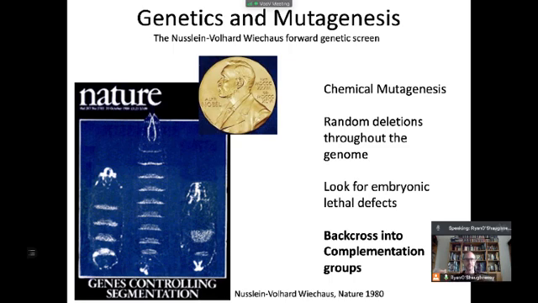And then Nusslein and Volhard looked for embryonic lethal effects, so effects that caused defects that prevented the adult form of the organism. And then we back-crossed into what are called complementation groups. So we're going to look at what back-crossing into complementation groups really means.